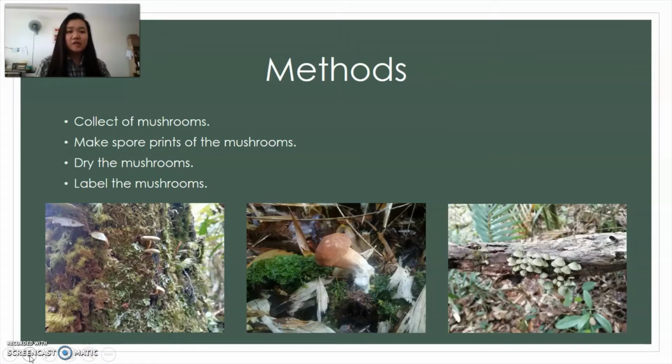After 2 to 3 days, you can lift the cap up and you will see the spore prints on the paper. Next, you need to dry the mushrooms. Put the mushrooms on a piece of paper and place the paper into an oven at 40 to 45 degrees Celsius for 4 hours. After the mushrooms are dried, label the mushroom with the details.